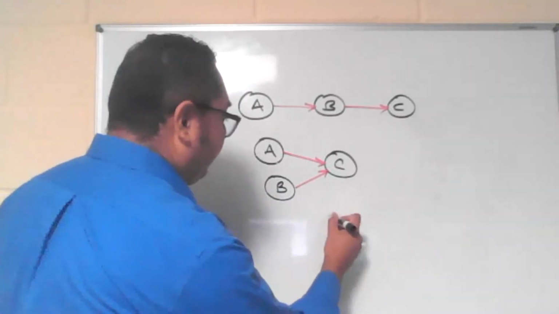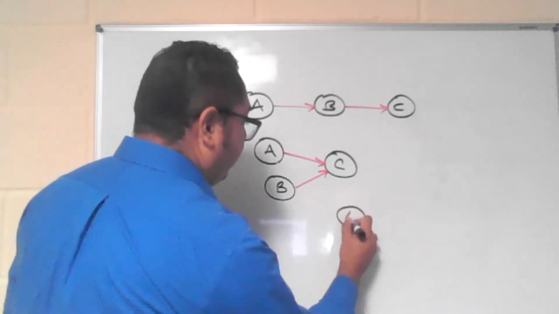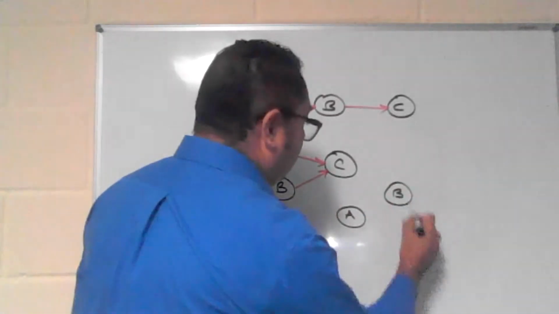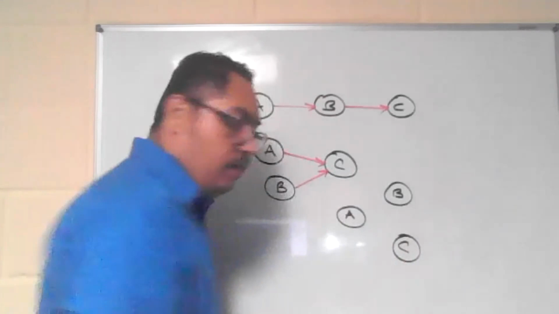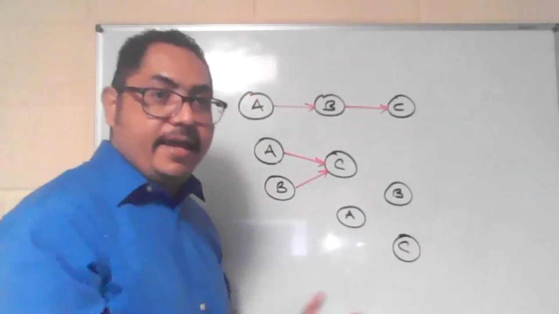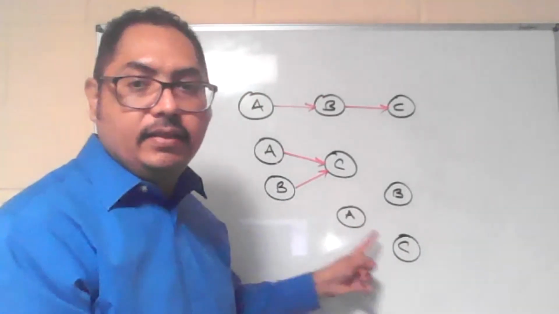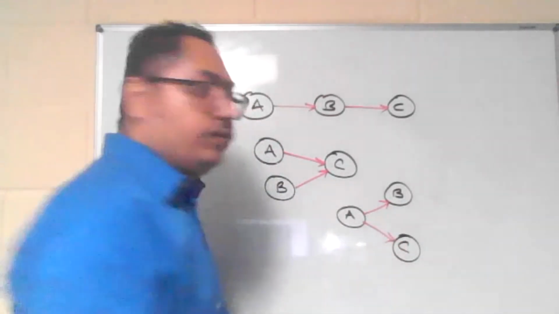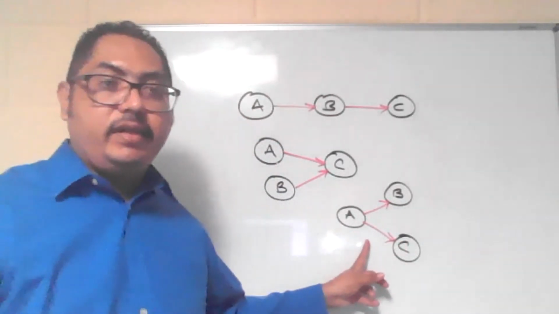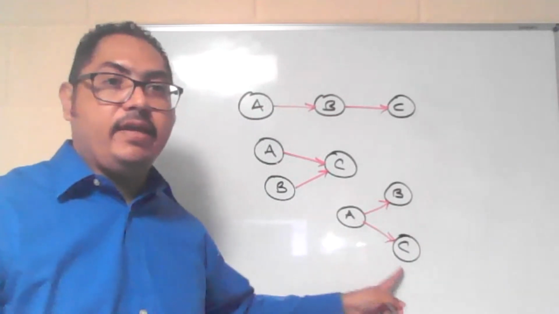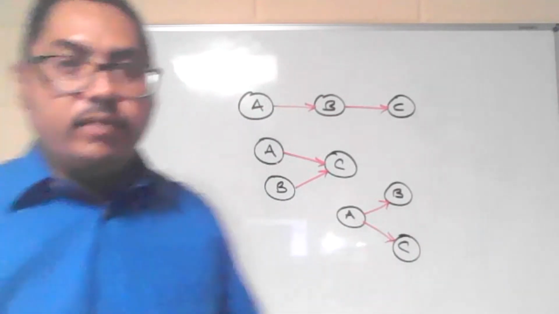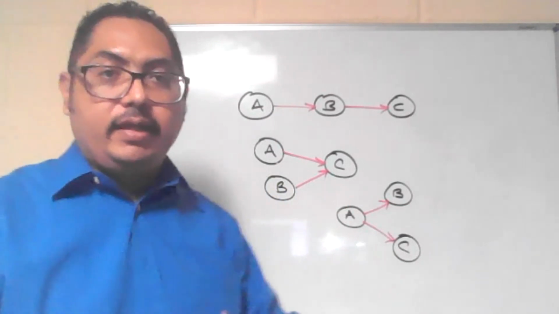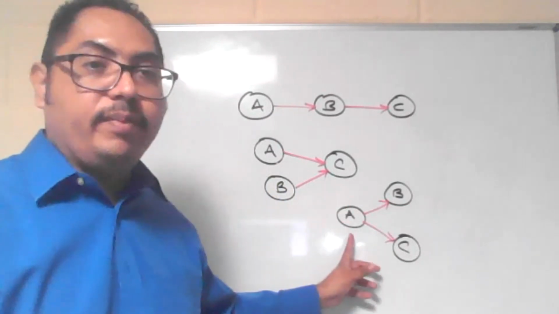So we would have, for example, activity A. In this example, let's say activity A precedes activity B and activity C. So we would have an arrow going from activity A to B and from activity A to C. That way we show that there is some relationship between these nodes, depending on where the arrow begins and where it ends.